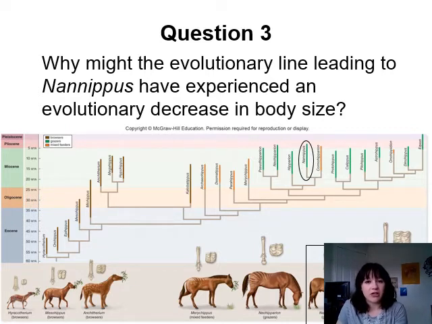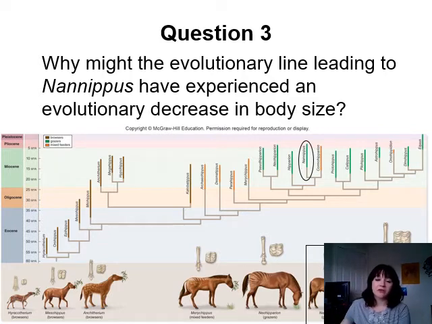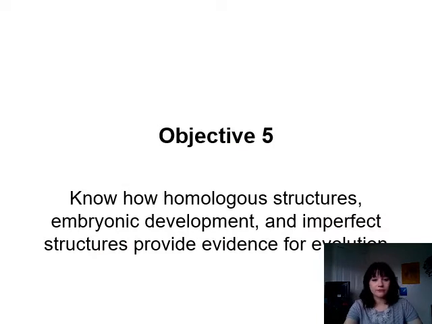So if the environment changes, so then will the traits of that species. And so it's likely that this specific environment that the Nanopus family was found in was maybe not quite so wide open plains and grassland. Maybe there was a period of time where the area they lived became more forested, right? So a change in the environment can change what traits are selected for in a population.